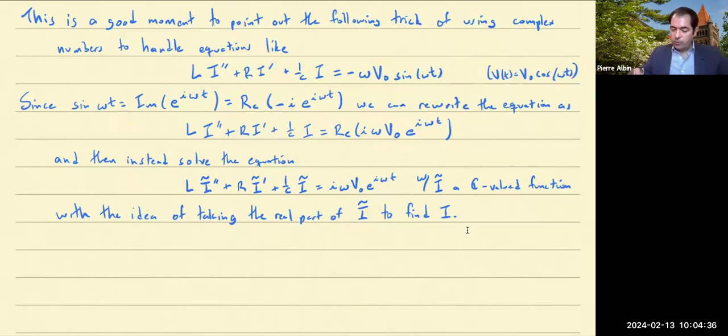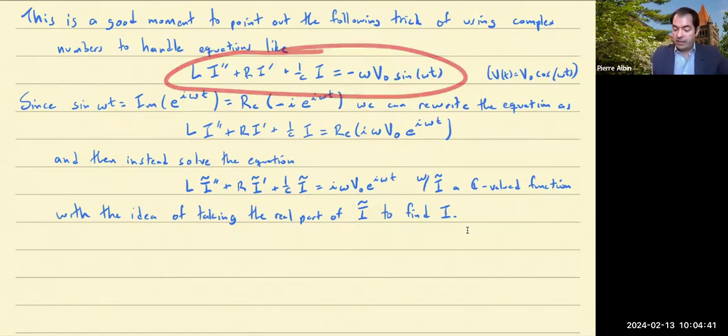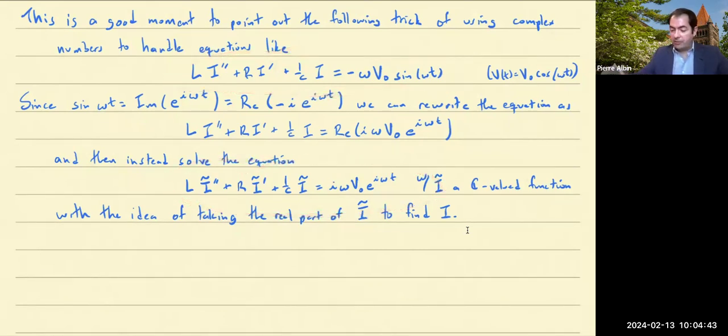Okay, so you might think we've just made things worse. We've gone from a second order equation to a second order equation, but now we have to work with complex numbers instead of real numbers, right?